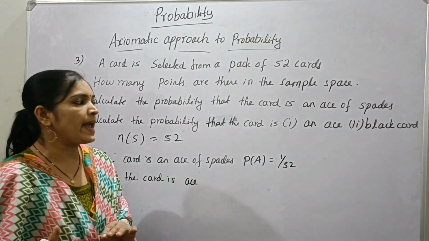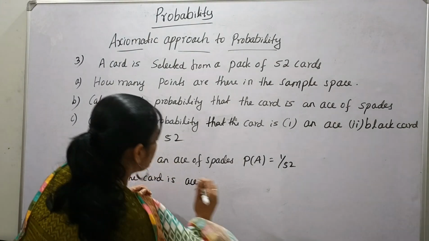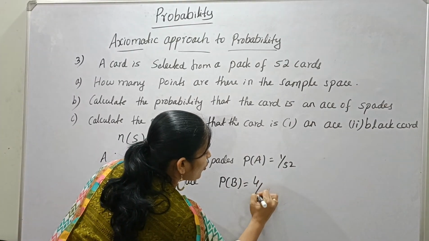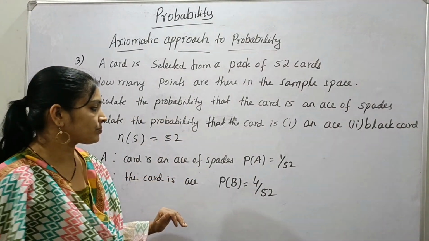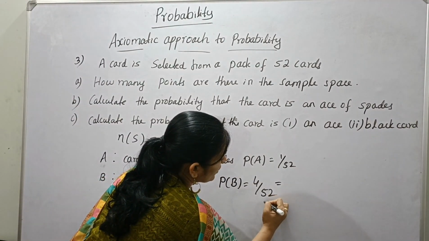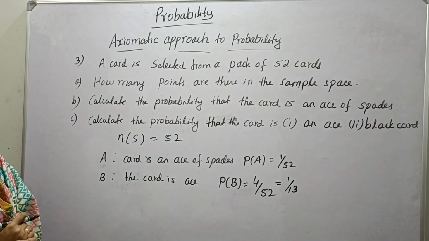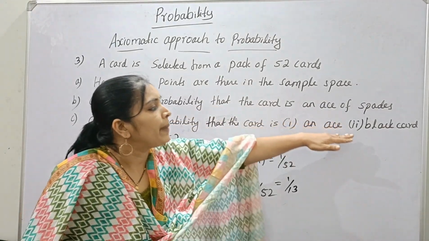There are 4 aces out of 52 cards. The probability of this event, probability of B, is nothing but 4 by 52, which is 1 by 13.